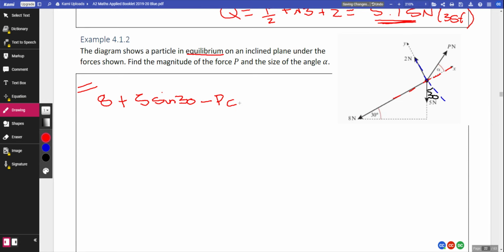So that's P cos alpha. And we're in equilibrium, so acceleration equals 0. Looking along that line, I've got one force lying on that line, and then two forces that don't lie on either line, so I know I've set all of those up properly. That simplifies down to P cos alpha equals 10.5, which is an exact value.